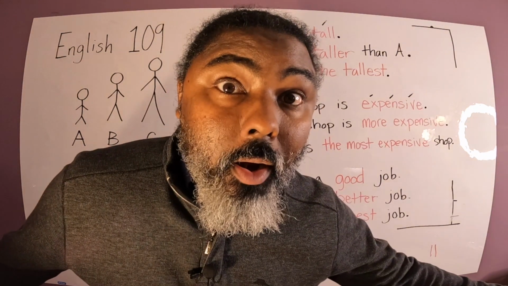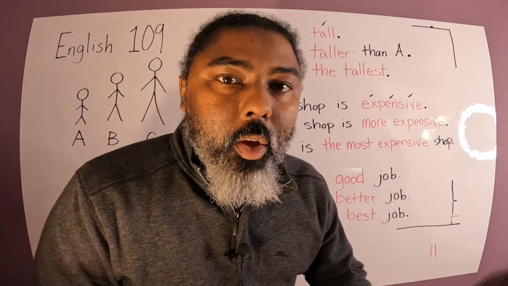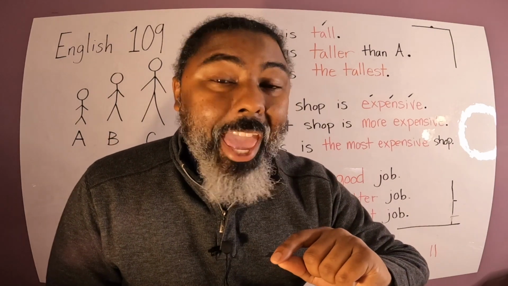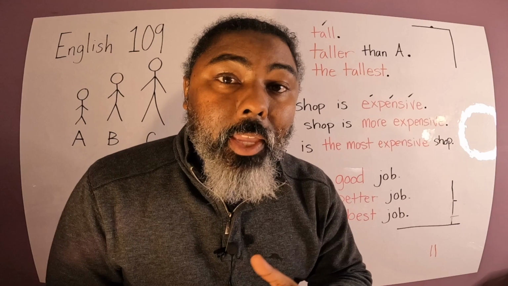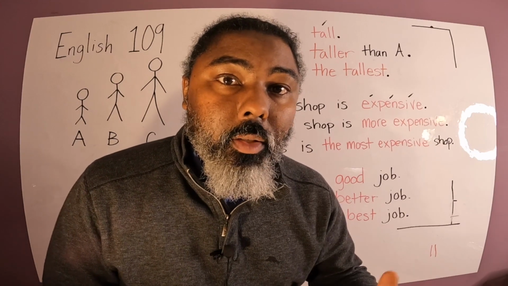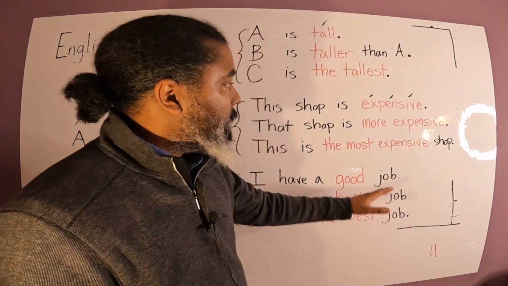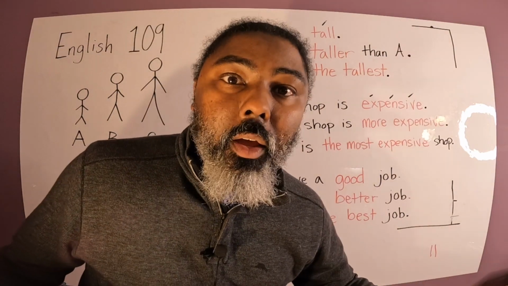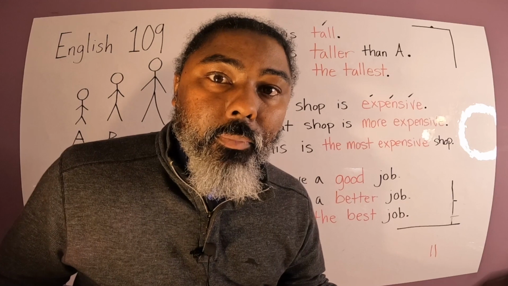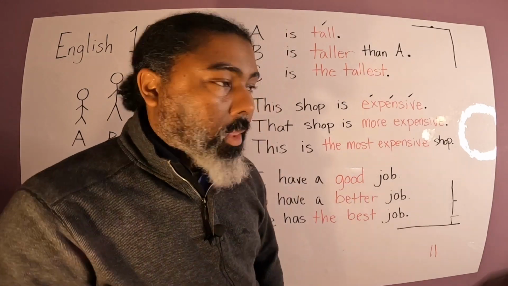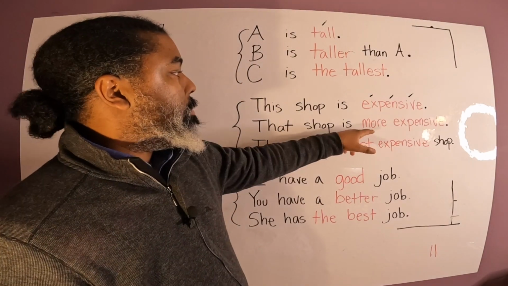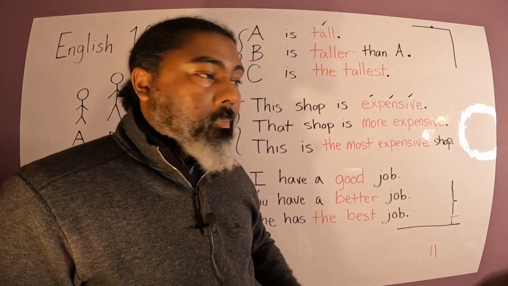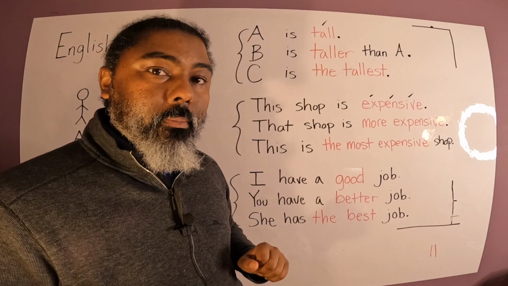Where is the ER? Well, class, we do not use ER if the adjective has more than one syllable. It's kind of easier because all we do is add the word more to create the comparative. Look at this. That shop is more expensive. That is the comparative. That's it.